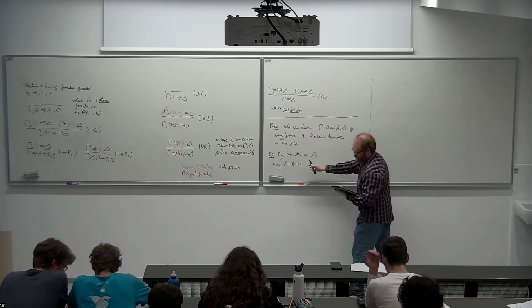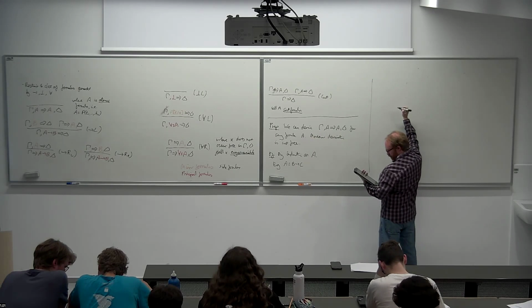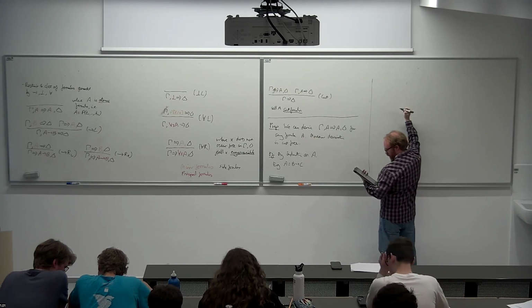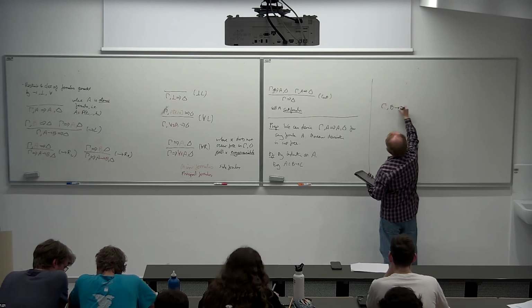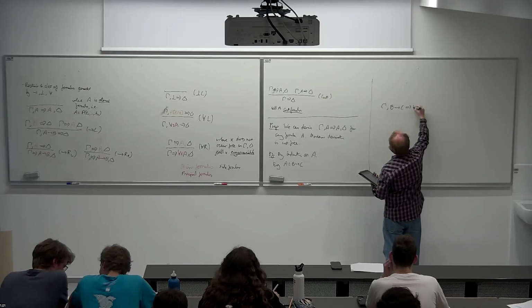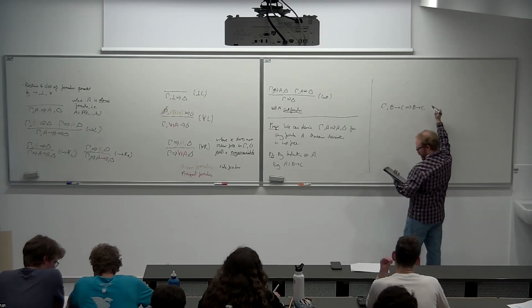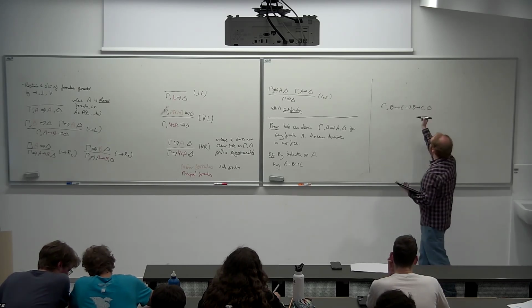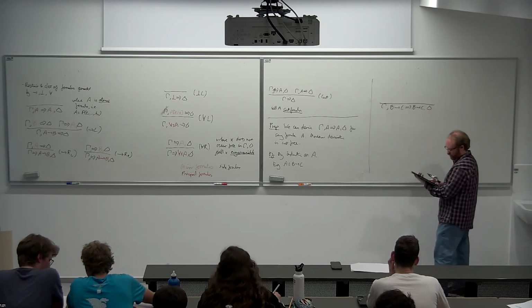If A is equal to B implies C, then this is the sequent, and we can work our way backwards.